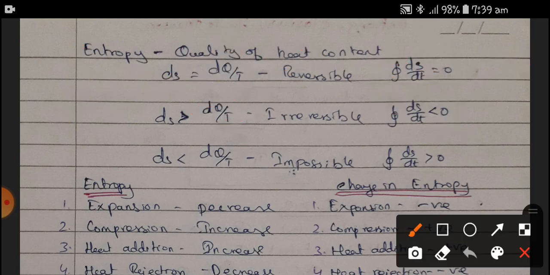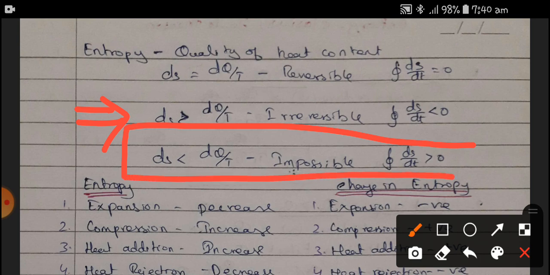Similarly, if ds is greater than dq by T, then it is irreversible, therefore the cyclic integral of dq by T is less than 0. And ds less than dq by T is impossible. So this relation is impossible, whereas the other relations are possible.